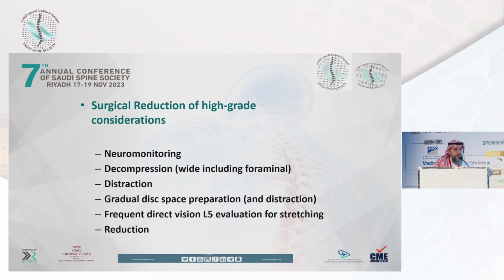As a general consideration, for those patients with high-grade spondylolisthesis, we need to have neuromonitoring on board, wide decompression including the foraminal initially, then followed by disc space preparation and distraction by the cage. And finally, frequent direct visualization of the L5 nerve root is needed. Most of the time it's L5-S1 for stretching and then reducing by instrumentation.